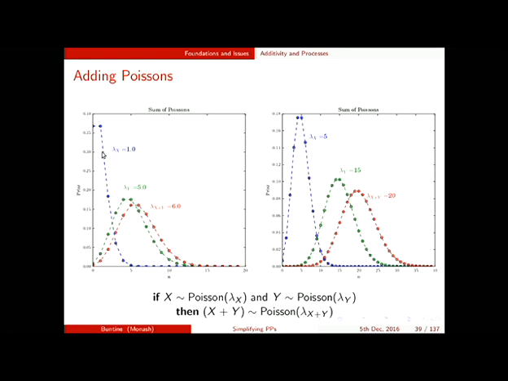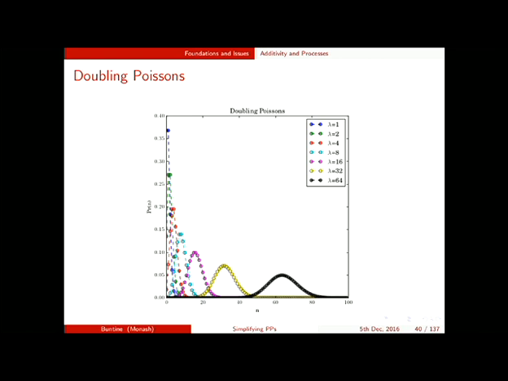Here's the distribution with the parameter lambda1. Here it is with 5. And if we add the two parameters, we get 6, and it's the same distribution as adding the other two. So you can guess what happens to these distributions. They slowly get lower and lower. On this end, they're pointy, and on that end, they're very close to Gaussians. And that comes from this additivity.